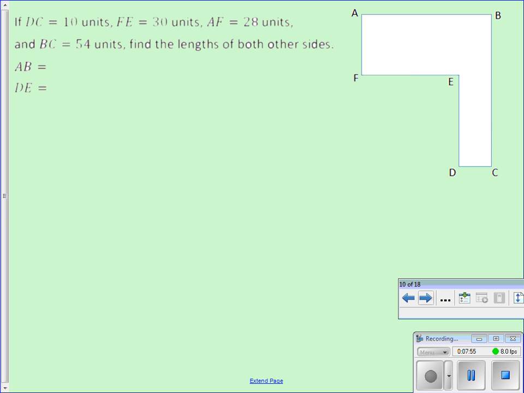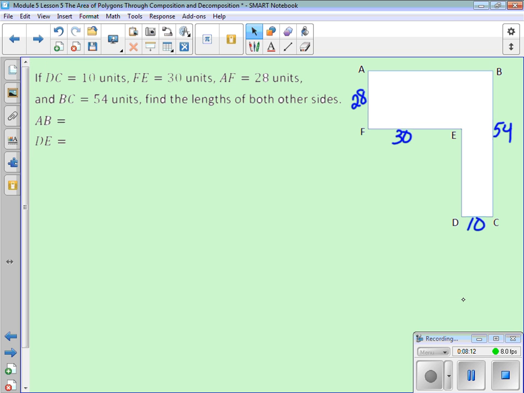That might be your best bet. All right, so DC is 10, FE is 30, AF is 28, BC is 54. So now what we have to do is find AB, and we have to find ED.